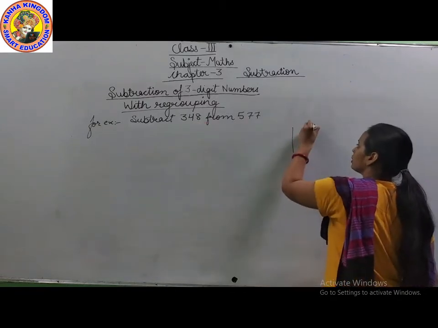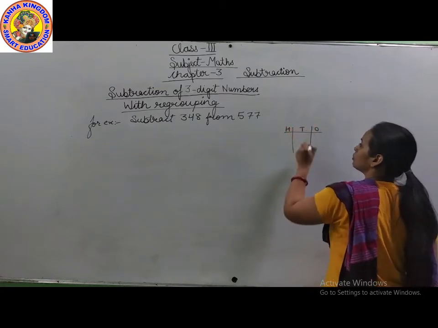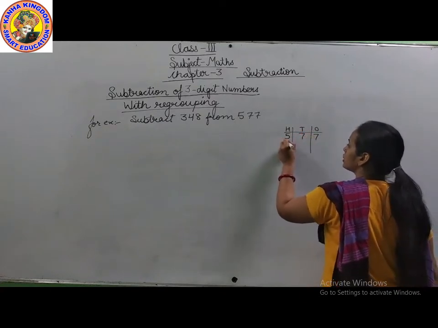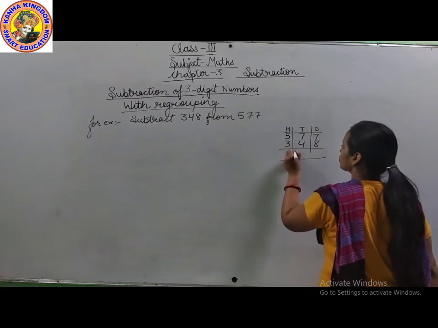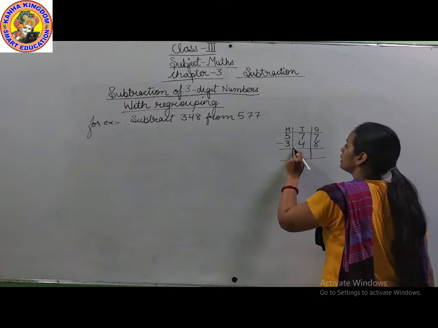So again, arrange the numbers vertically, hundreds, tens, ones. 577, 348. So this is our question. First we have to arrange the numbers vertically.